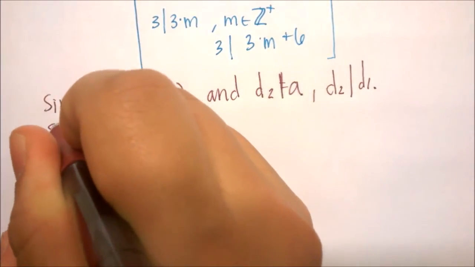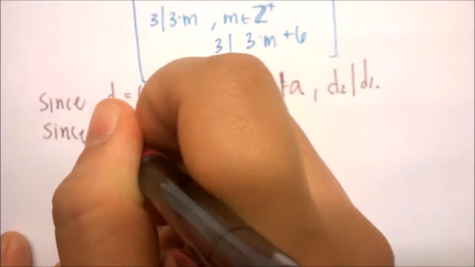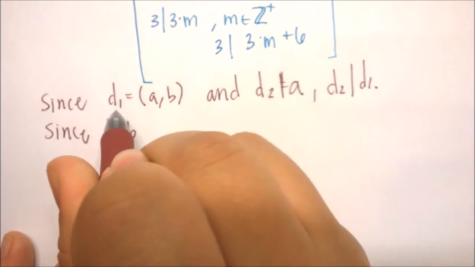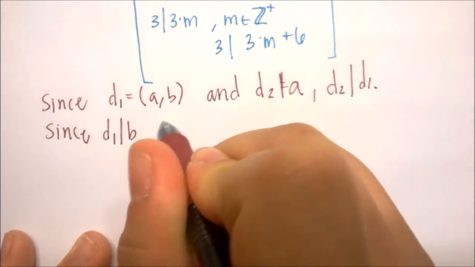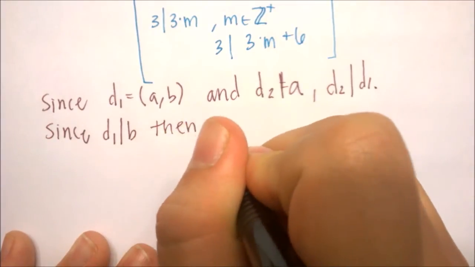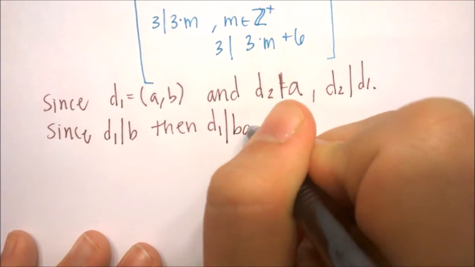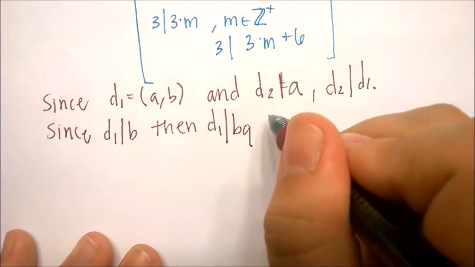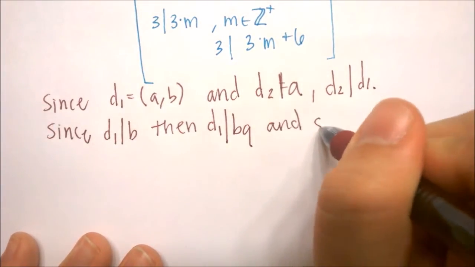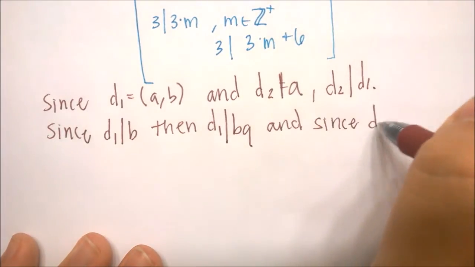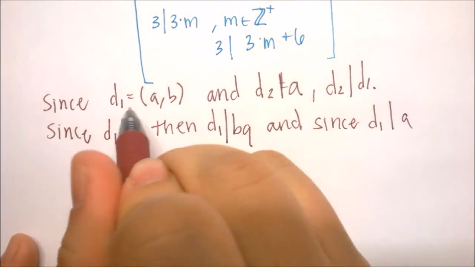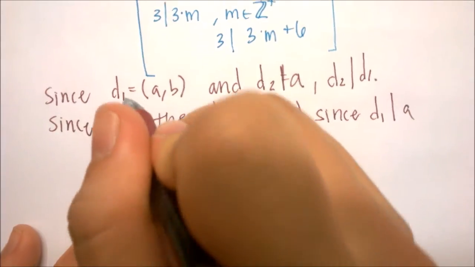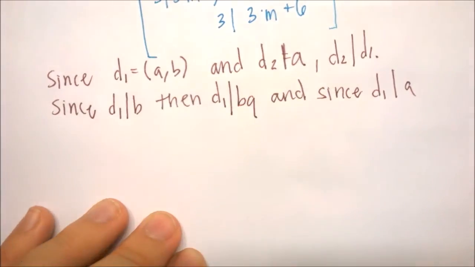So since D1 divides B, because D1 is the GCD of A and B, then D1 divides B times Q, since this is just a multiple of B. And since D1 divides A, because D1 is the GCD of A and B. And let's make a side note here.